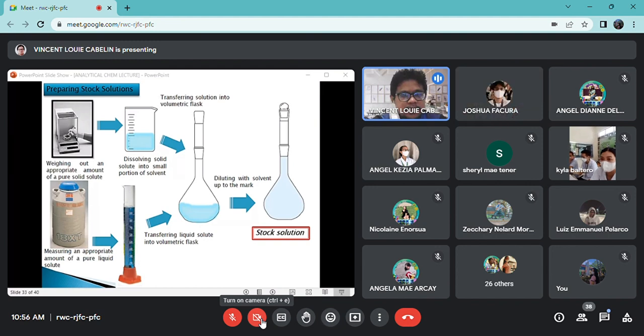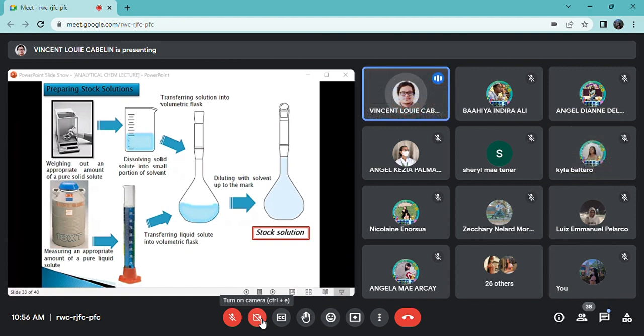Okay, so again, this is a stock solution. Now, how do you prepare a stock solution? So first, if you are trying to have a solution from a pure solute, an appropriate amount of the pure solid solute.